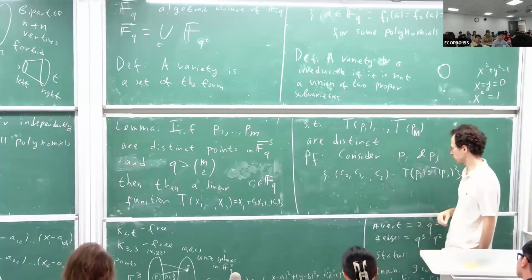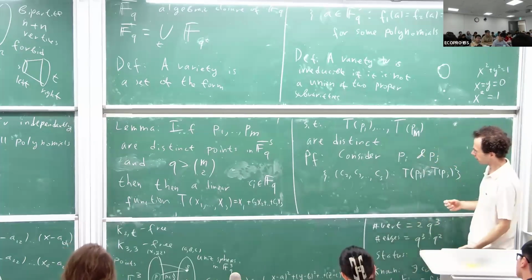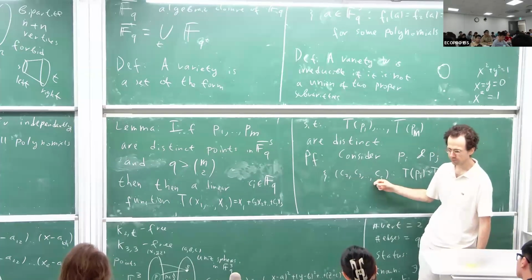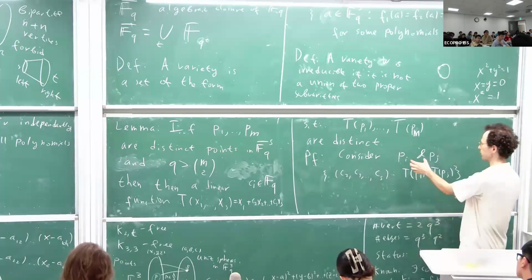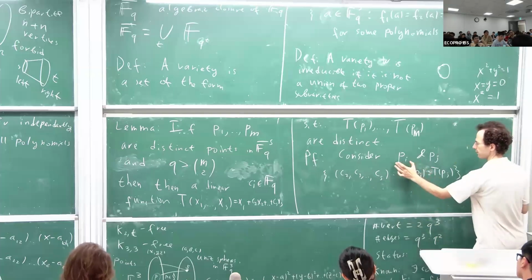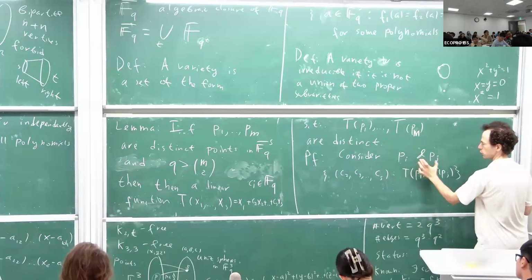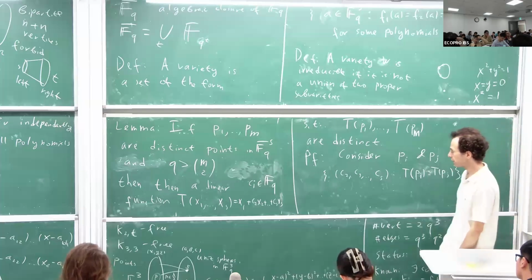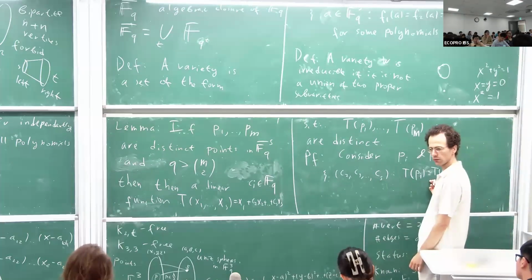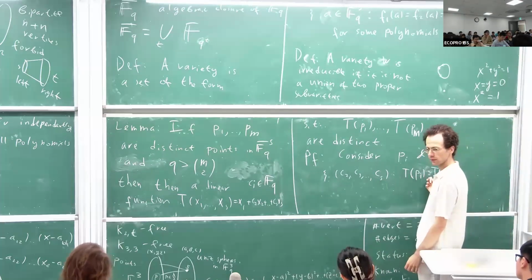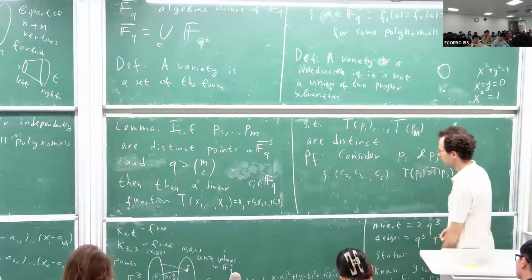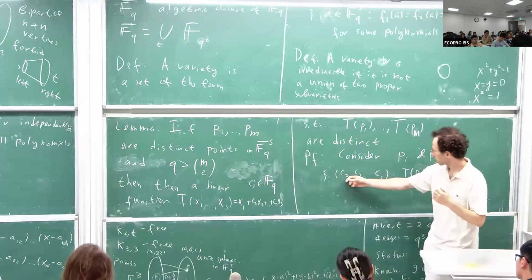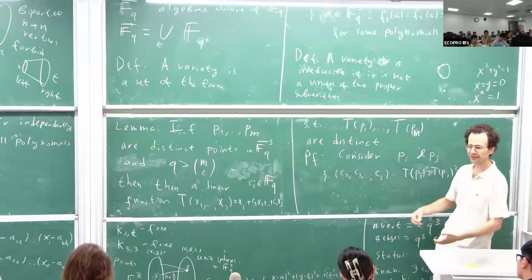All right, so I'm looking at the set of bad choices of the coefficients. Bad in the sense that the ith point and jth point are going to map to the same thing. Now, this thing is a linear equation in the C's, and because the points are distinct, not every tuple of C's is a solution.